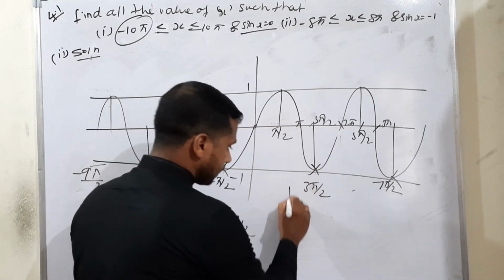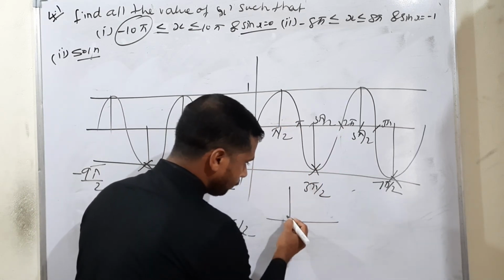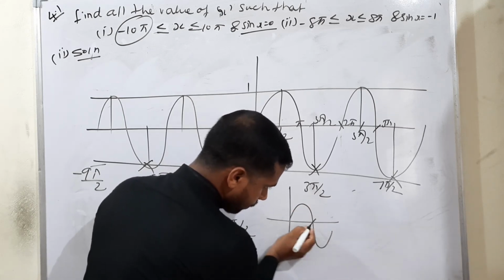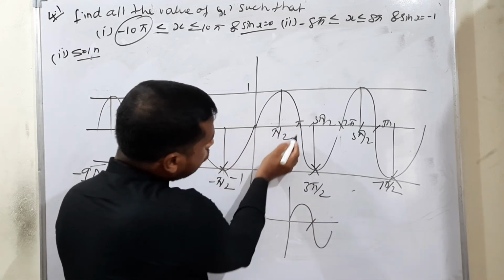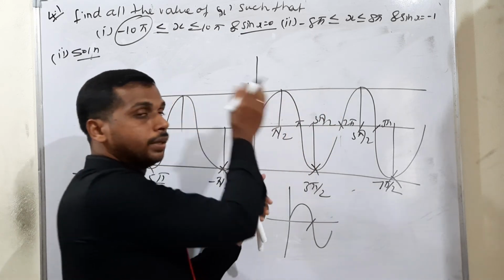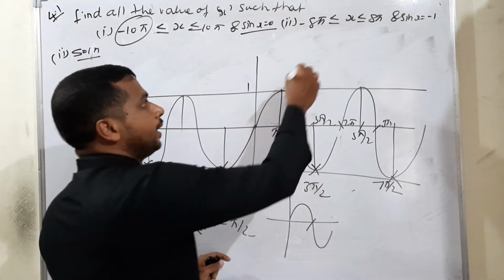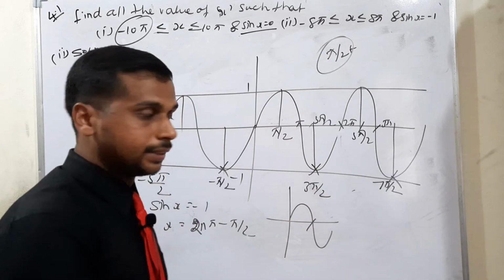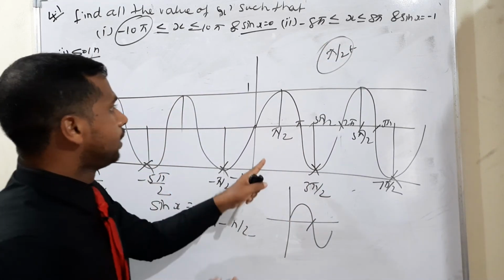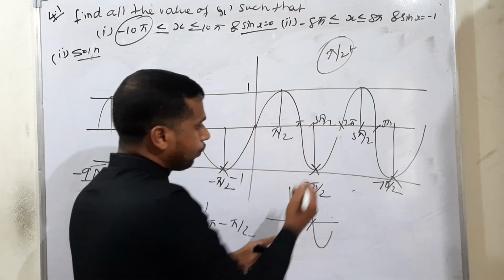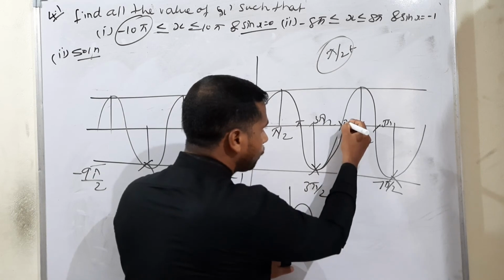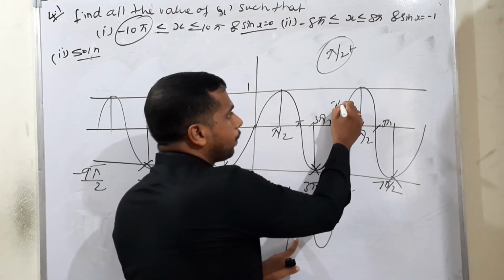So in each and every cycle, if you move on the sine graph, the cycle from pi by 2 to pi, I already told you in subdivision 1 also, in each and every distance the main term pi by 2 will be increasing, but the given condition in the cycle will be finishing before the one term. Before the one term means from 3 pi by 2 to 2 pi, the difference is only pi by 2.